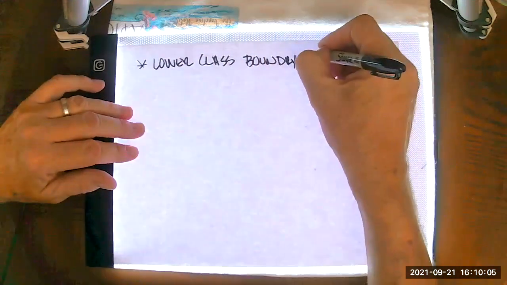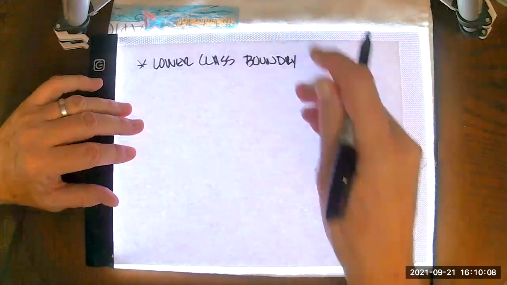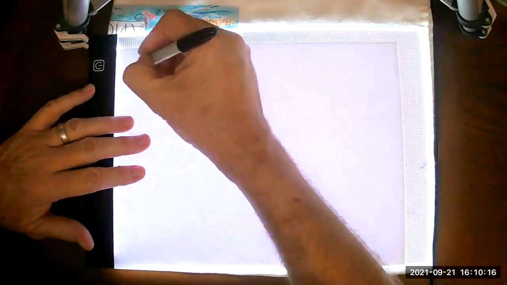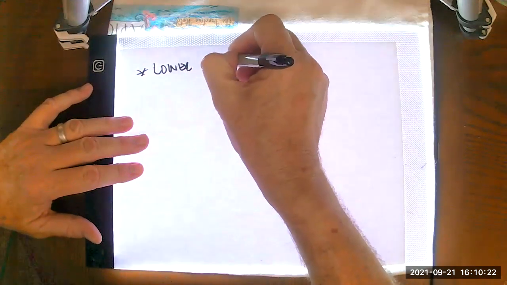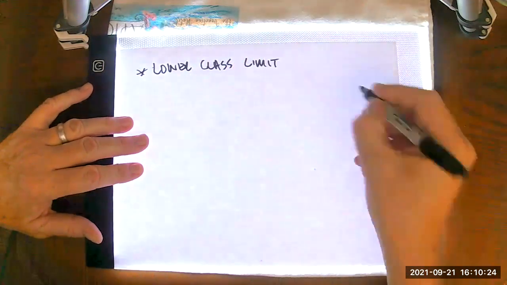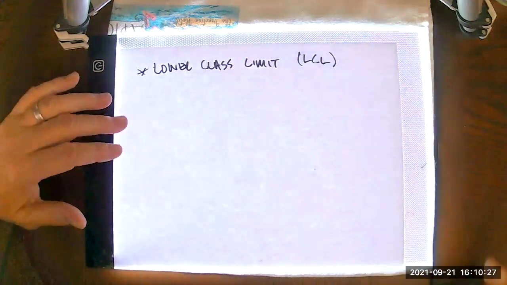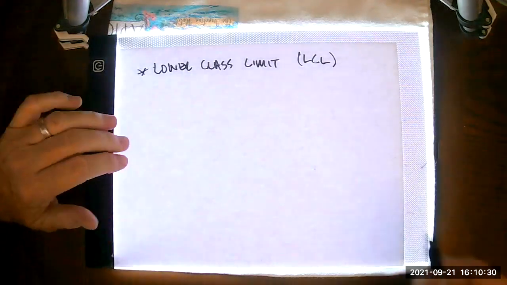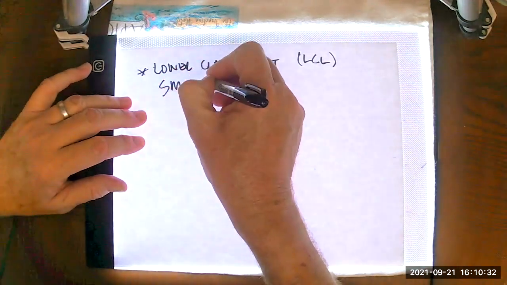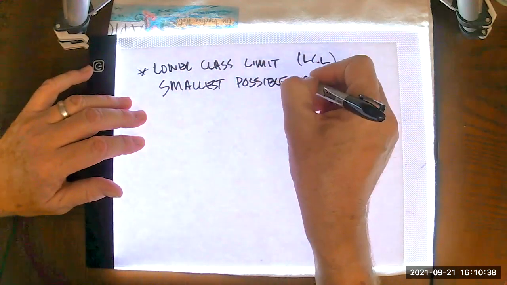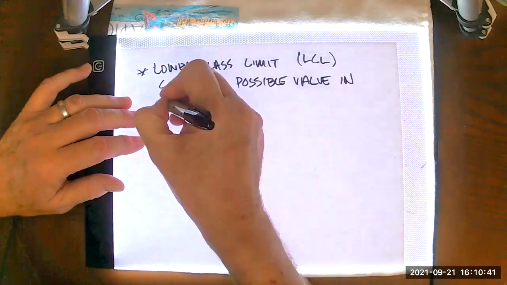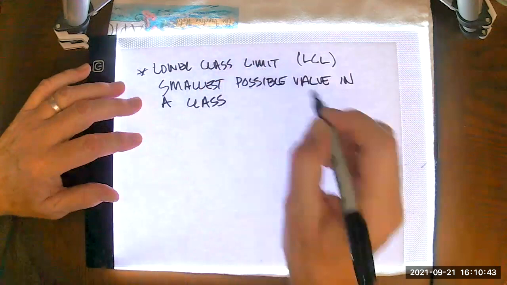Lower class limit. I always abbreviate it LCL, and that is the smallest possible value in a class.